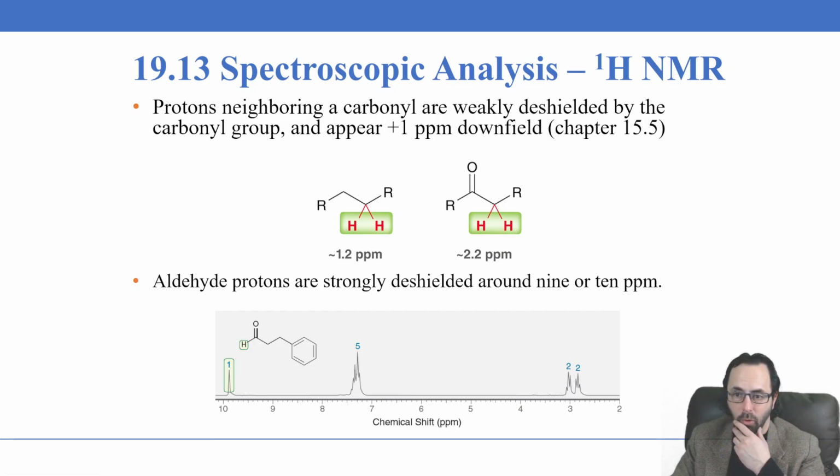In addition, it's important to remember that the protons next to a carbonyl will be significantly deshielded. And so you're going to notice that you'll get some hydrogen signals on the carbon neighboring the carbonyl carbon in the 2 to 3-ish region rather than the normal low ones or 1.2 region if there's no deshielding occurring.